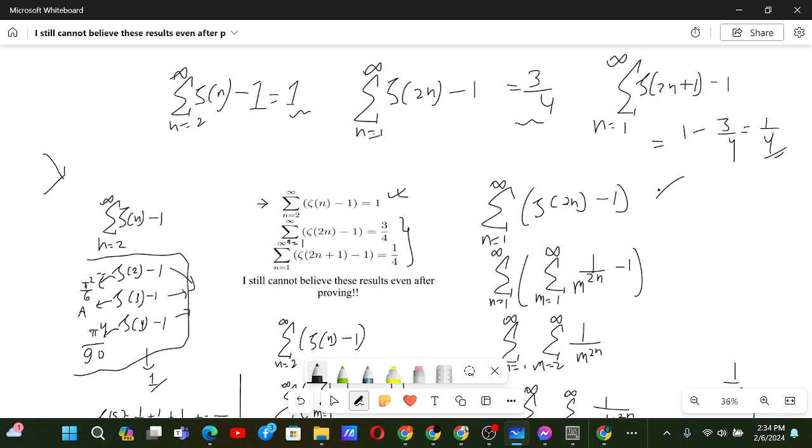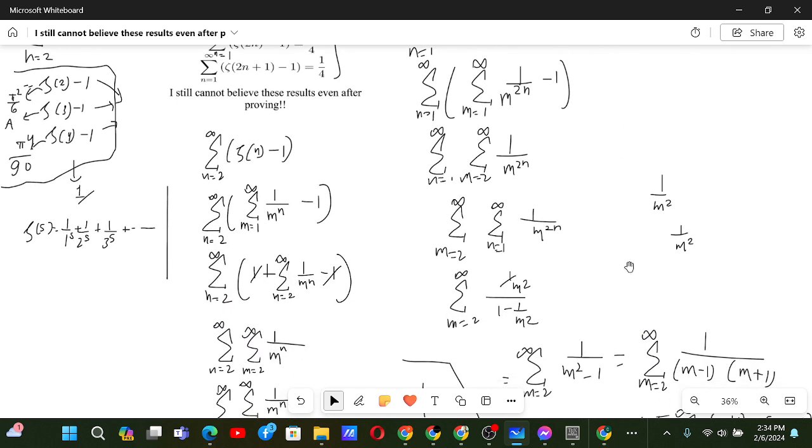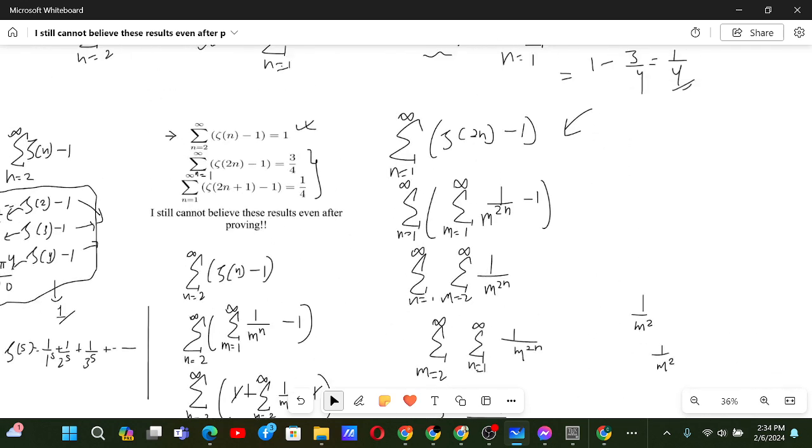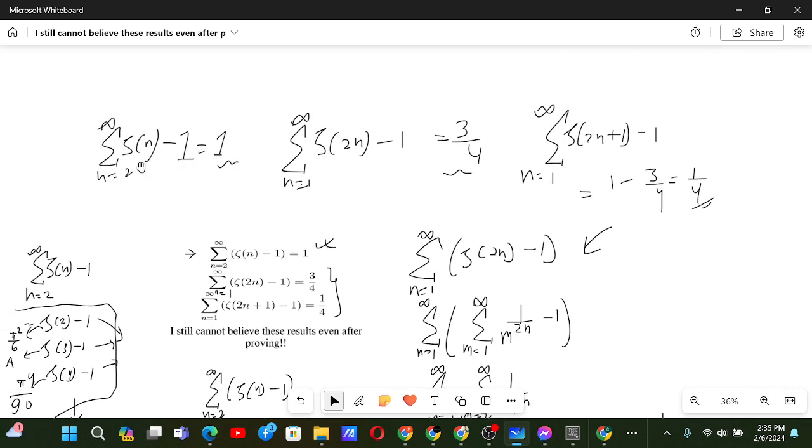First of all, change the Riemann zeta to a sum, cancel the first term, interchange, and use the geometric series. If you do the similar procedures, you will also get 1 by 4 that way as well. Or you can also use the fact that the first sum is the sum of the second and third, and the first term is just 1, the second is 3 by 4, so the third should be 1 by 4.